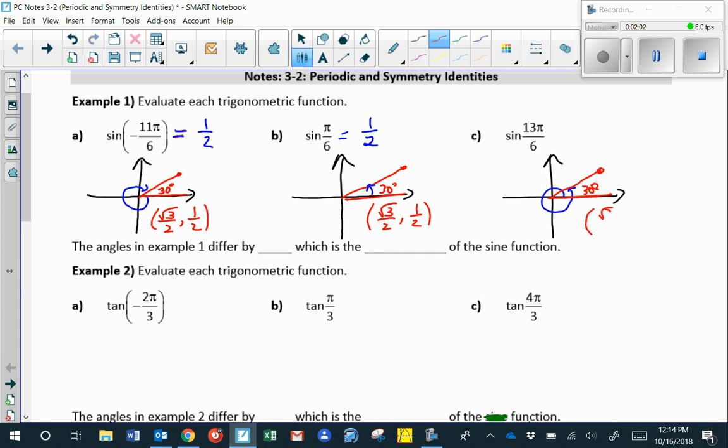The coordinates are, again, square root of 3 over 2 comma 1/2, and the sine of that angle is equal to positive 1/2. All of those expressions have the same sine value, and the angles all differ by 2 pi, which happens to be the period of the sine function.